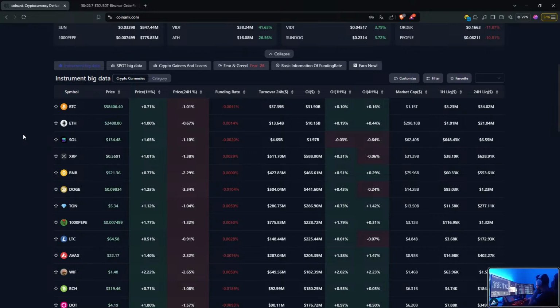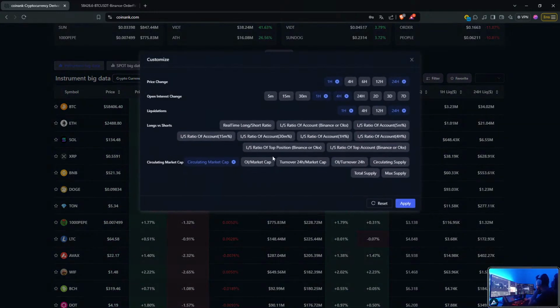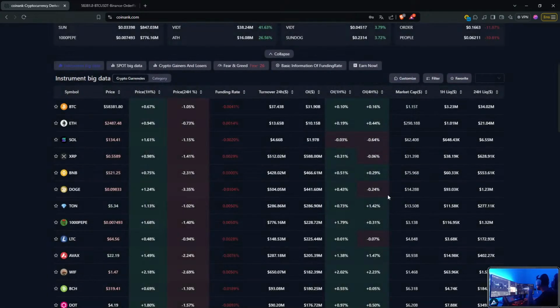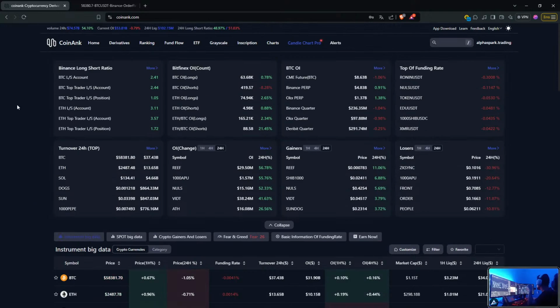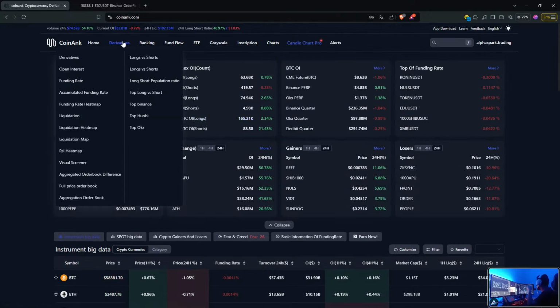You can check from a big list of both exchanges and different types of data, like market caps and circulating supply. As you can see, a lot of different things. So I won't go through this because I think it's just a nice screener for you to have, right? But there are a few tools here that I think are pretty interesting.